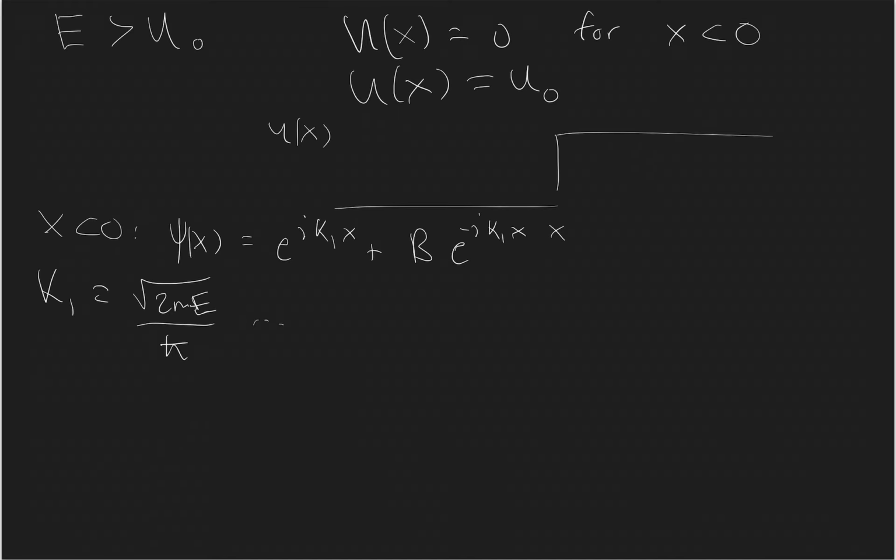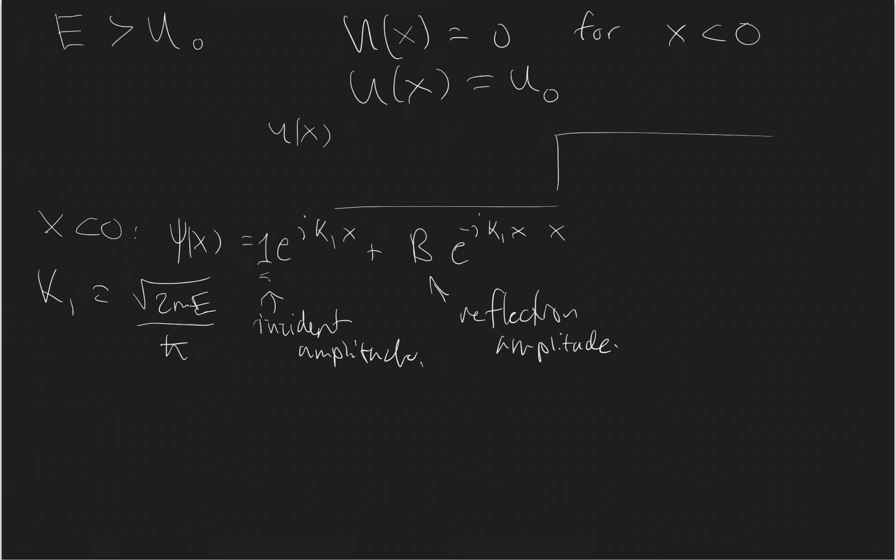And so this incident amplitude, we're going to set it equal to 1. So this is the incident amplitude. And we're doing this here so that we can find the reflection amplitude. So this is for x less than 0.